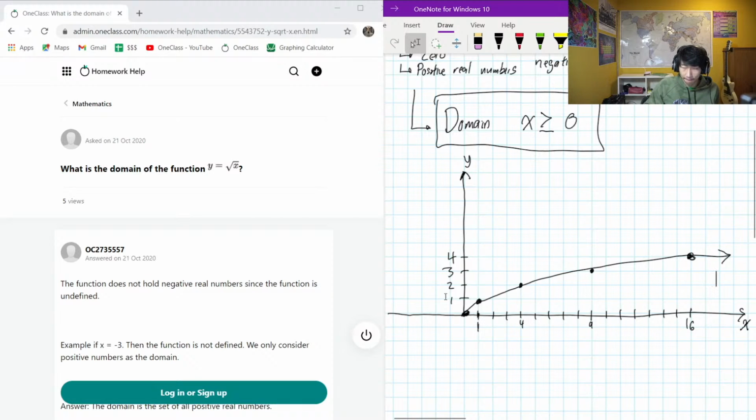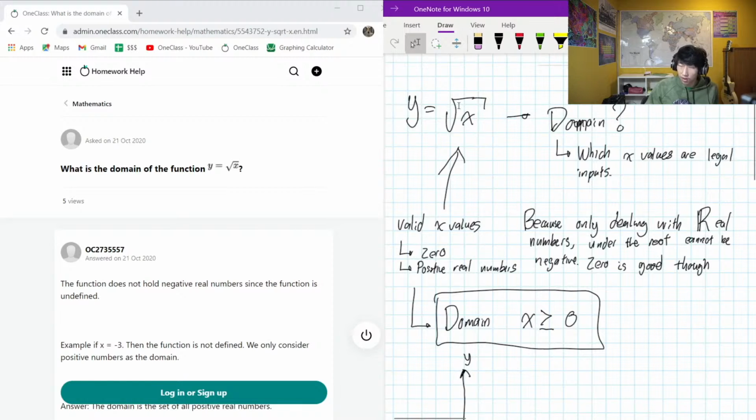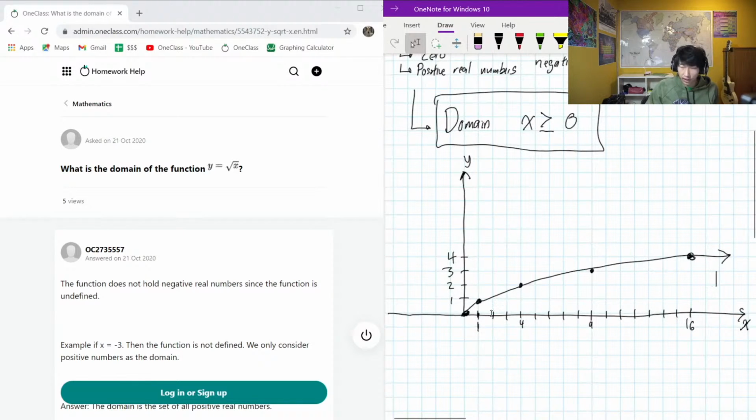But the moment that we even try to cross the y-axis into the negative world, sitting on the border, sitting on 0, that's perfectly fine. But once we enter the negative world, we can't. It ain't gonna work out, Chief. We cannot take the square root of a negative number. So a domain that says x has to be greater than or equal to 0 is gonna look like this.